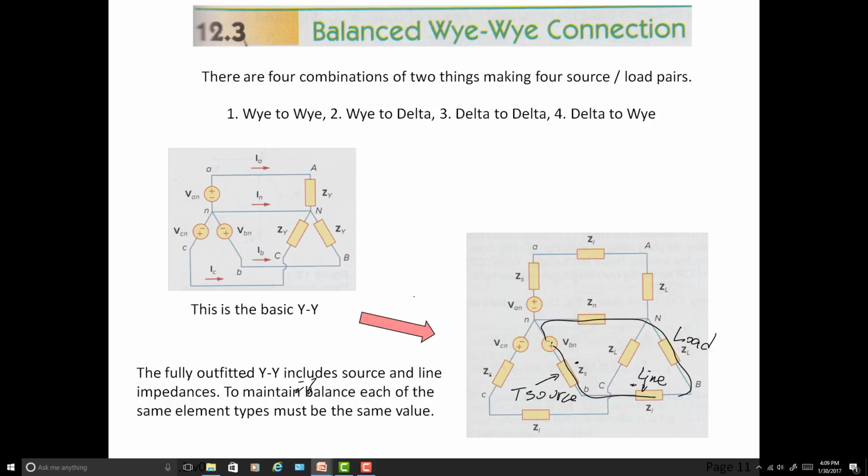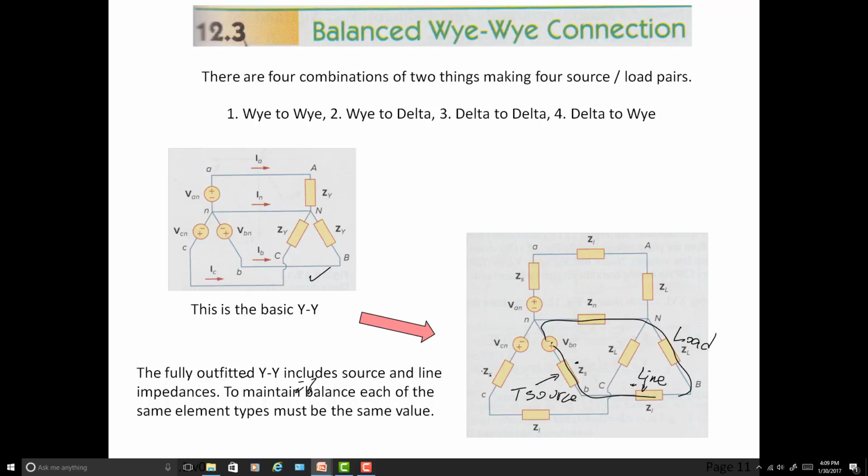So that quickly takes you back over to the basic YY. But you can bet, and it's true, we're going to be doing a bunch of problems right off that are the fully outfitted ones, just to show ourselves that low impedances in the source and the line quickly get swamped out by the load.